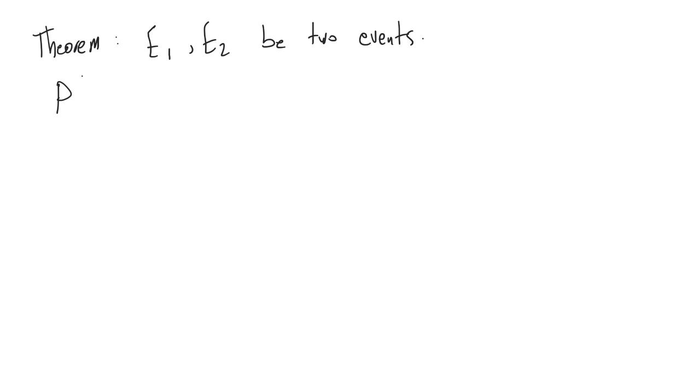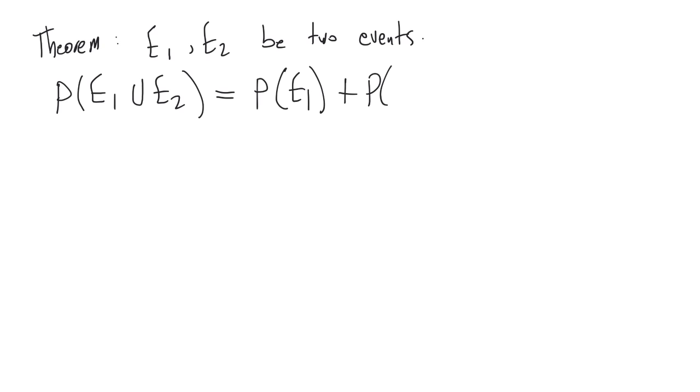Then the probability of E1 union E2 is the probability of E1 plus the probability of E2 minus the probability of E1 intersection E2.